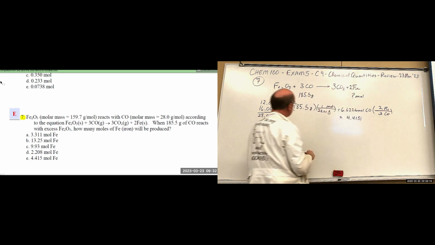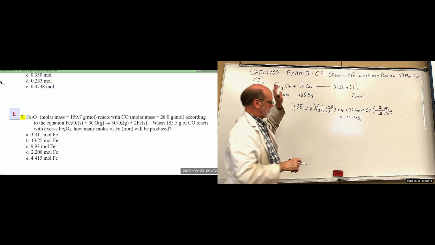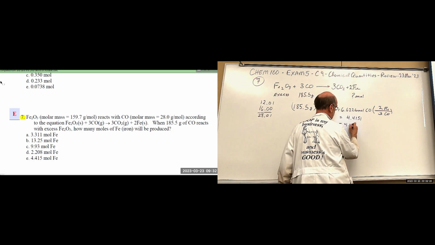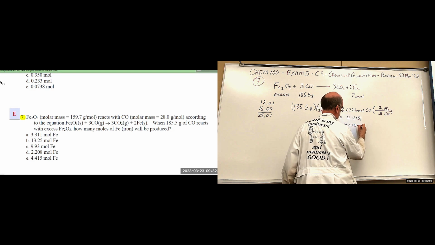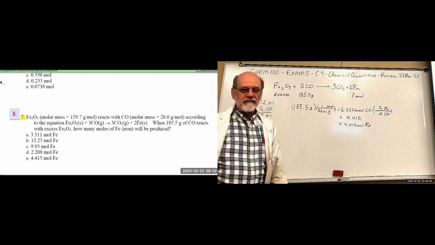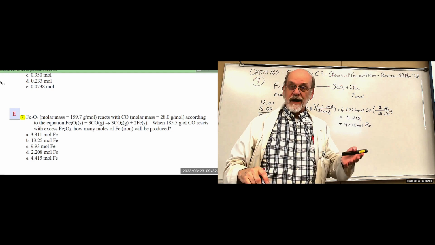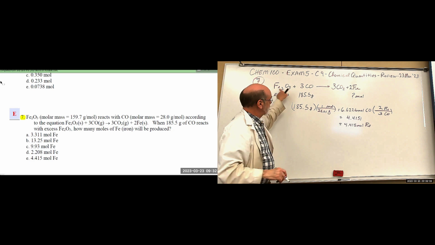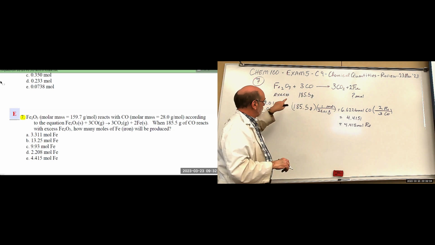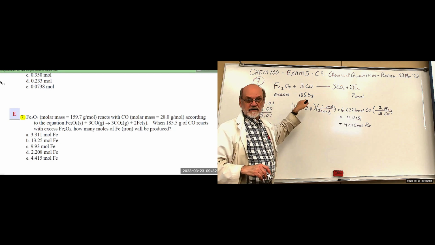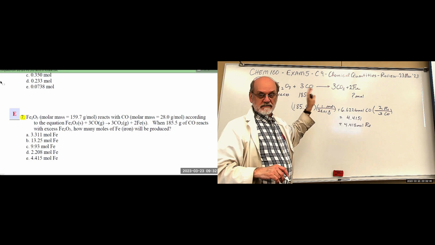Let's see, how many significant figures? 4. So we have to round it. There we go. 4.415 moles of iron will be produced from this balanced equation and this amount of carbon monoxide with excess iron(III) oxide.